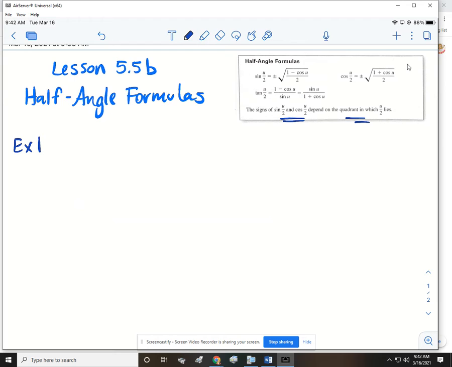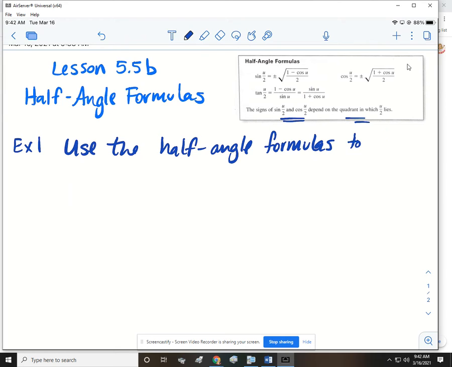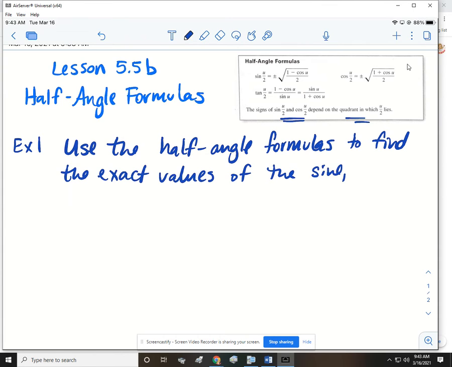So on example 1, we're going to use the half angle formulas to find the exact values of the sine, cosine, and tangent of the angle.